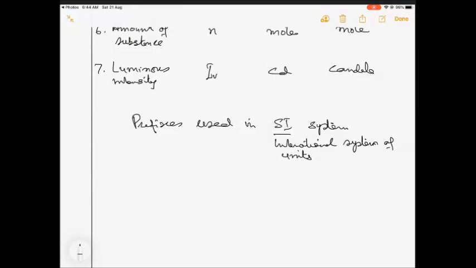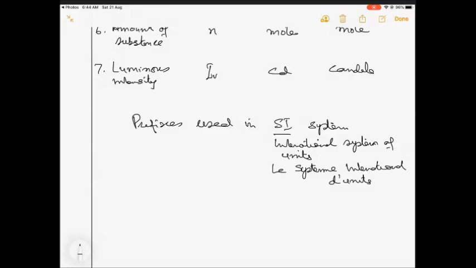So this has come from Le Système International d'Unités. So this is a French term, but otherwise we commonly call it SI system.